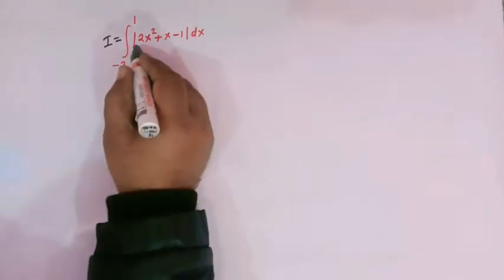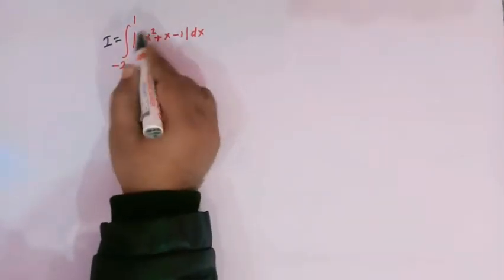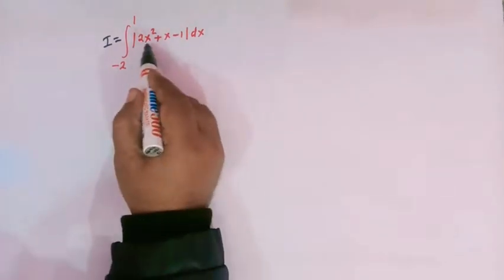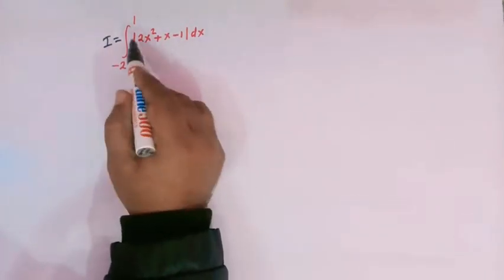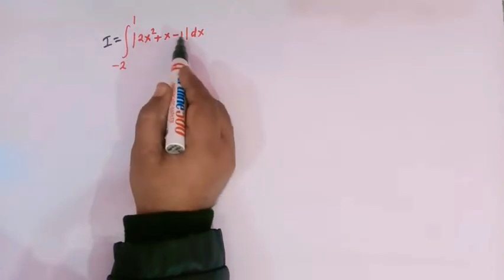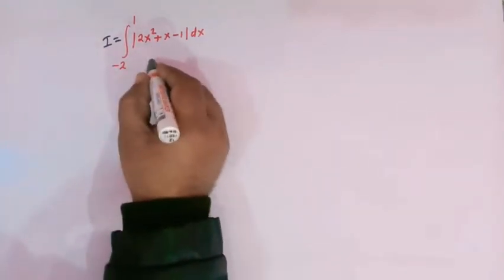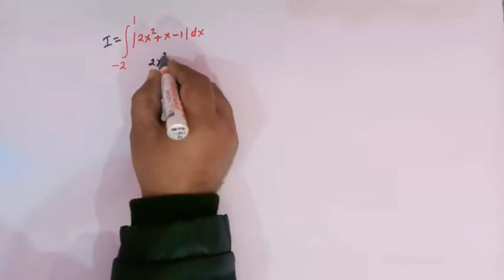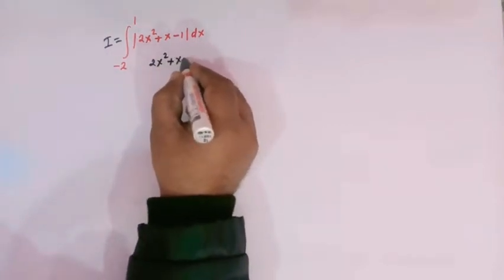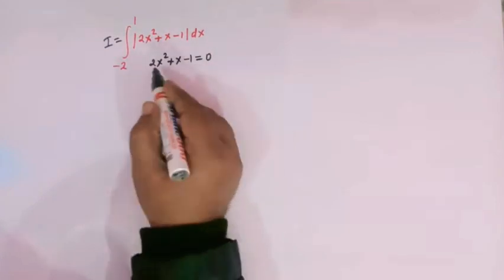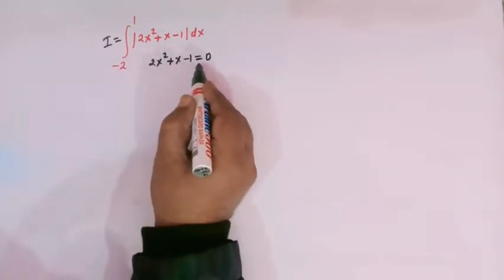Now see, here we have a quadratic function inside the absolute value sign. So let us first solve this quadratic equation, 2x² + x − 1 = 0, in order to get the critical points.